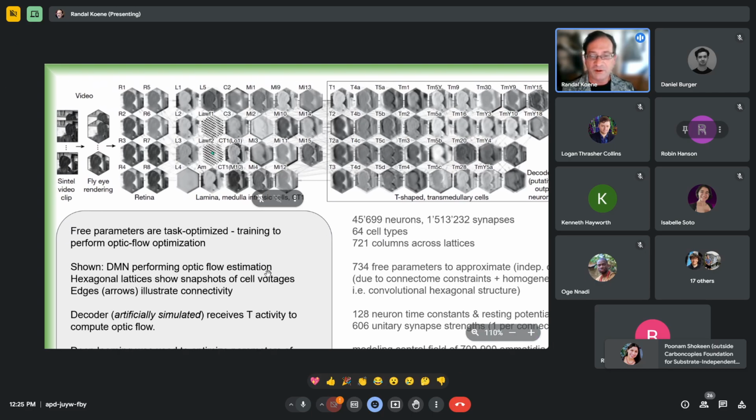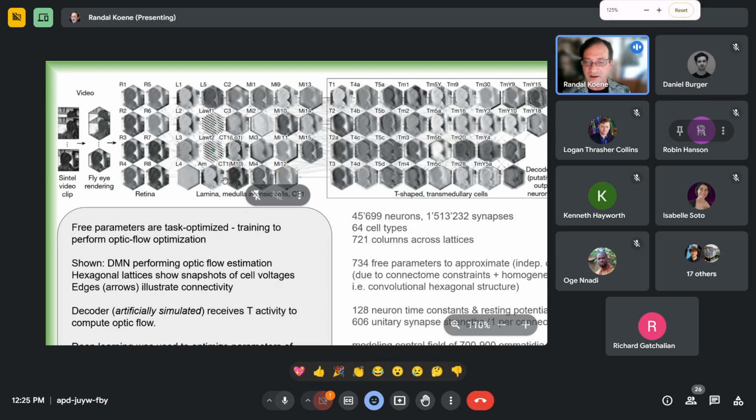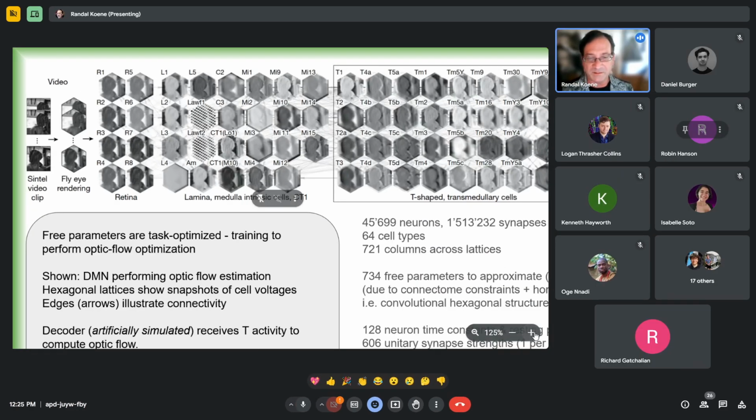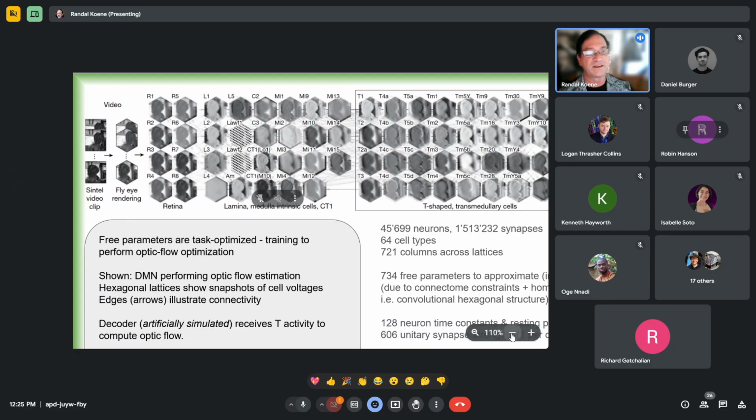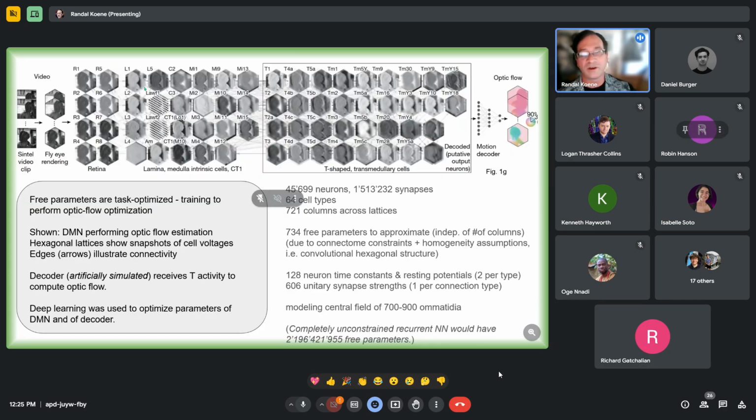The model contains a total of 45,699 neurons belonging to the 64 cell types and about 1.5 million synapses. The lattices contain 721 columns each. And as I've explained before, the number of free parameters was drastically reduced so that there are really only 734 free parameters to optimize.